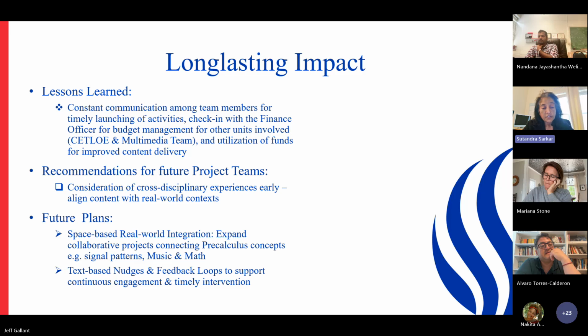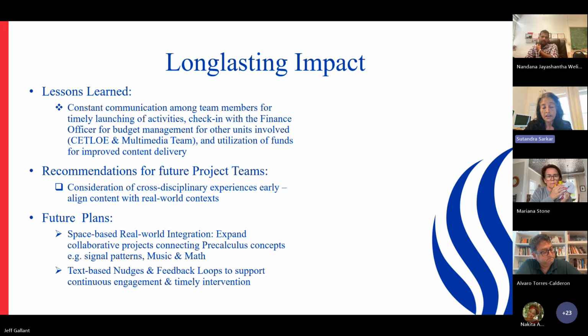the centers that are involved outside our own team, basically the Center for Excellence in Teaching and Learning, an online environment team who helped us make our plans together, verification, and also the multimedia team who made our videos very professionally delivered.